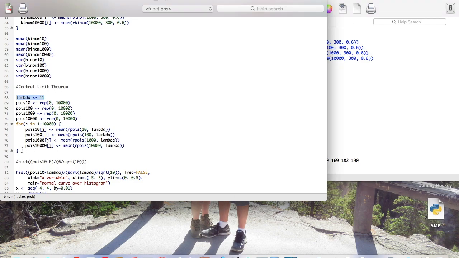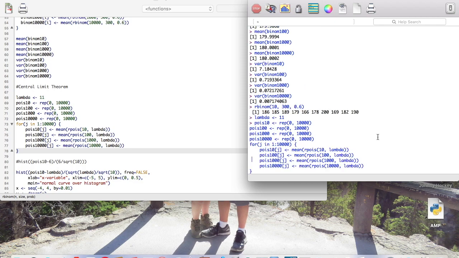Okay, so then we'll do the same kind of thing as we did just a moment ago. We will go and take various numbers of samples for our Poisson random variable. So again, here we'll call rpois, which will generate, in this case, 10 Poisson outcomes with mean lambda, 100 Poisson observations with mean lambda, and so on.